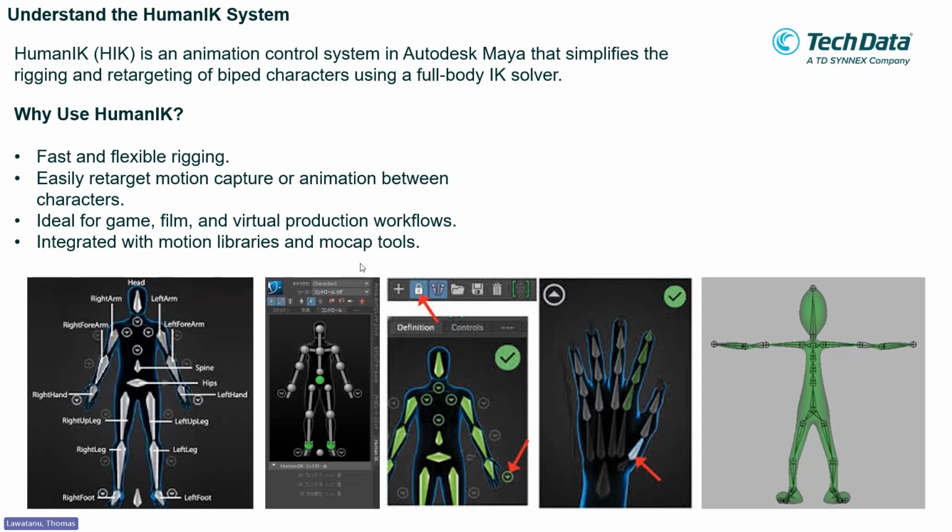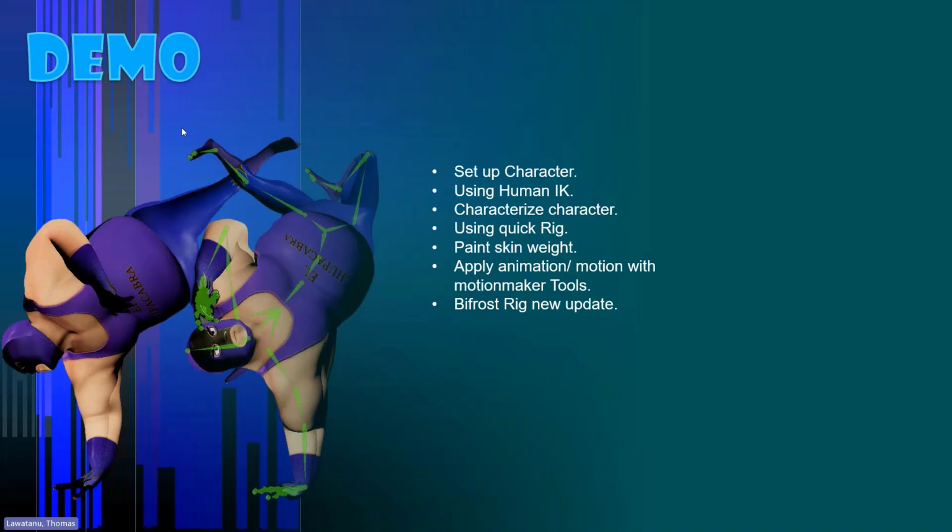Okay, so I think we go forward from this demo. In this demo I'm using a character from Mixamo. Mixamo characters commonly come with a rig. Mostly you download the character from there, and it's easier because the character is already there, and then you download it and there is a rig.